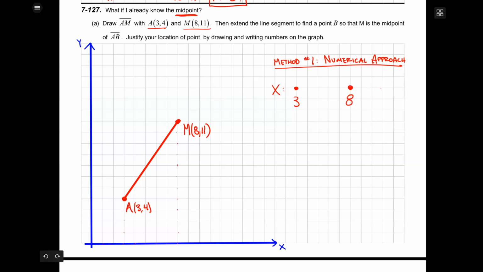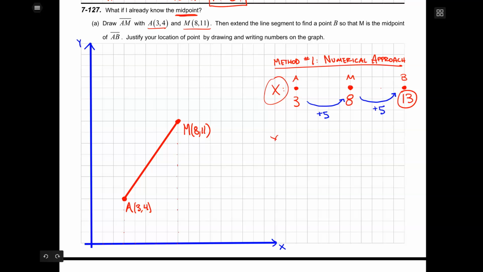Now, how far is it from 3 to 8? It's plus 5. So that means point B has to be 5 more units to the right of 8. 8 plus 5, that's 13. And again, these are points A, M, and then B, and we're talking about the x coordinate.